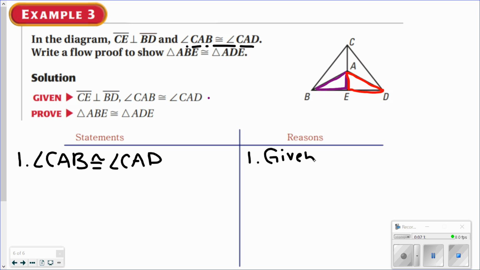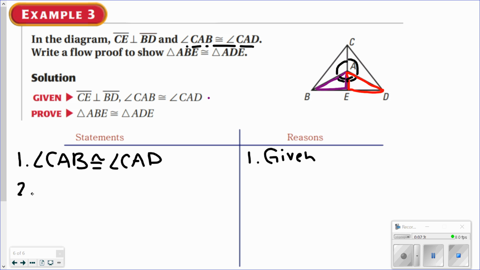That means that this angle here is congruent to this angle here. But those are outside of my two highlighted triangles, so I technically don't really care about those. However, it is going to help me figure out what these two angles are. And I know that those two angles are going to be congruent, so I need to write that down.